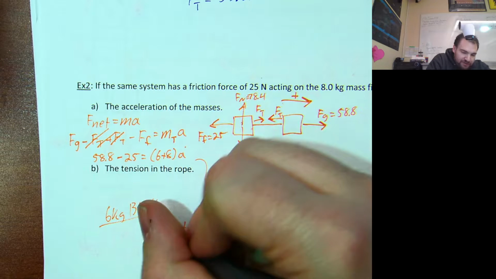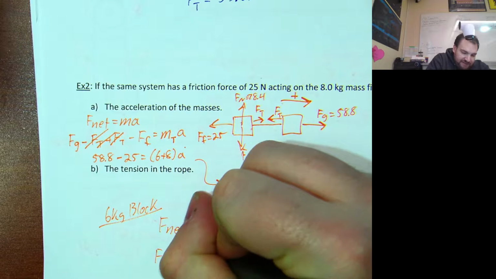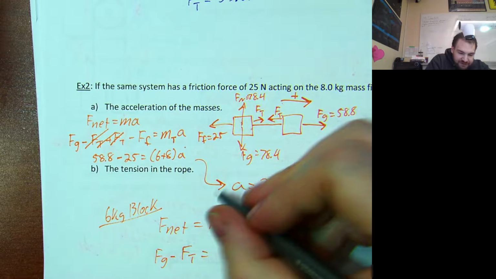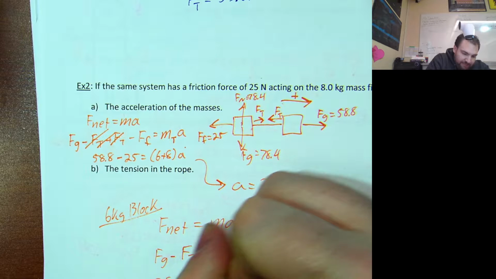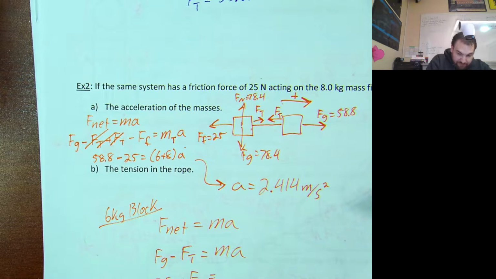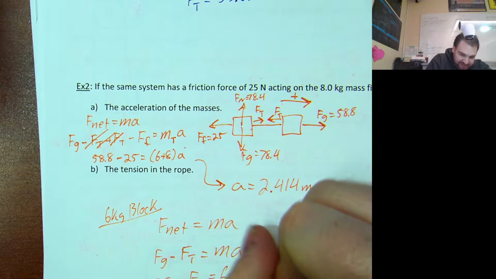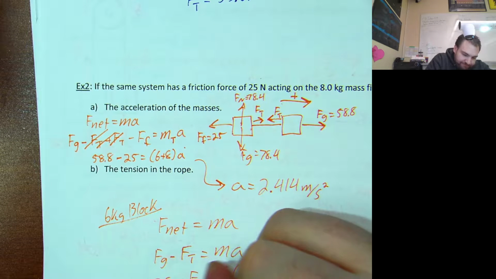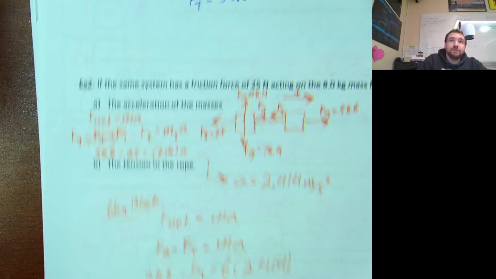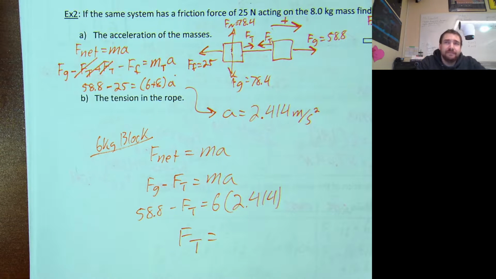Kenor, good morning. So it's going to be FG minus FT equals MA. FG was 58.8 minus FT, which is what we're looking for, equals 6 times the acceleration of the system. Oops, sorry. FT equals what?